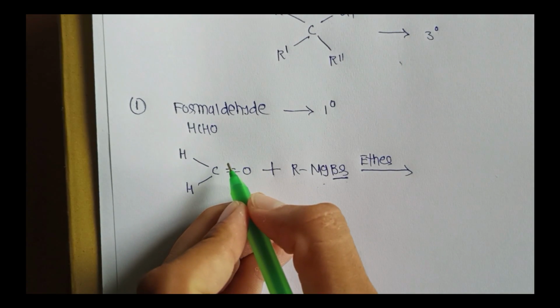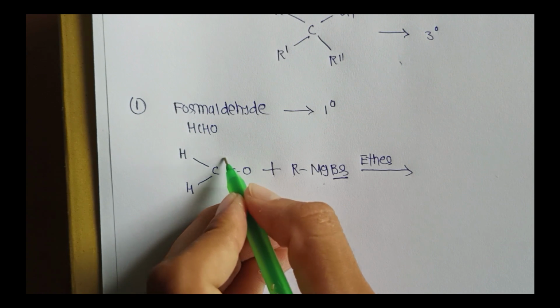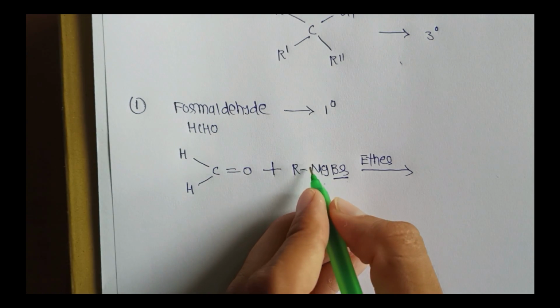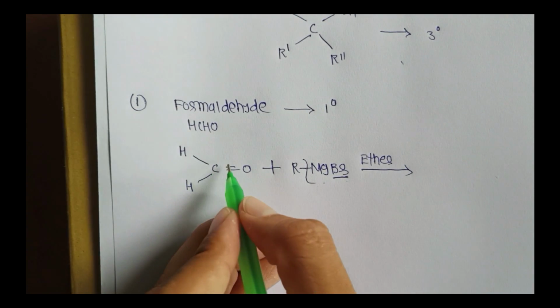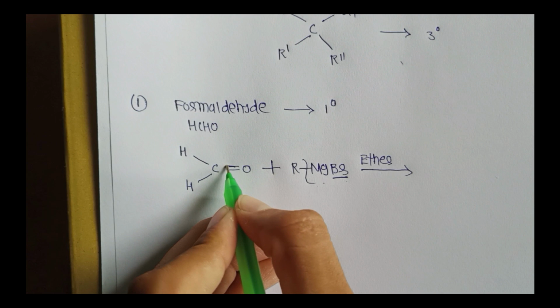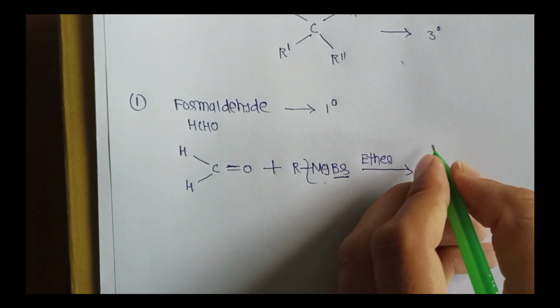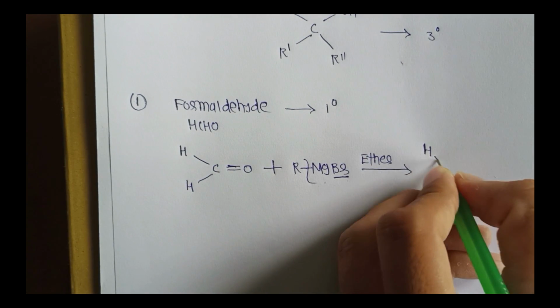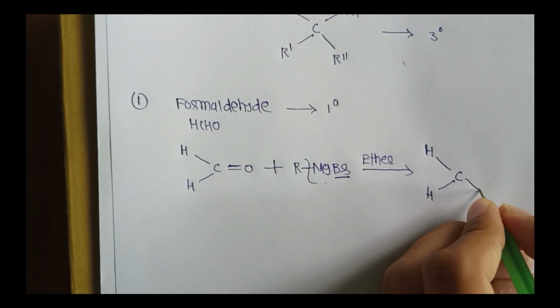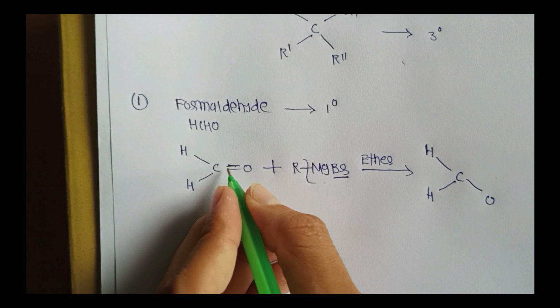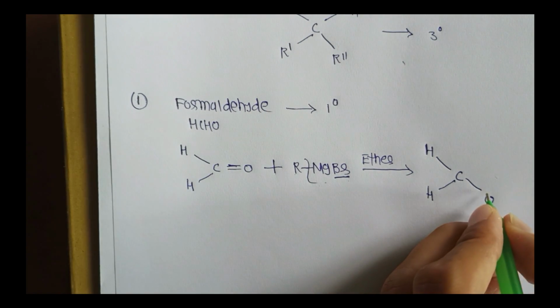Here the double bond is broken, and the R and Mg group is broken. One double bond broken means here hydrogen, this carbon, and one oxygen, single oxygen is added.